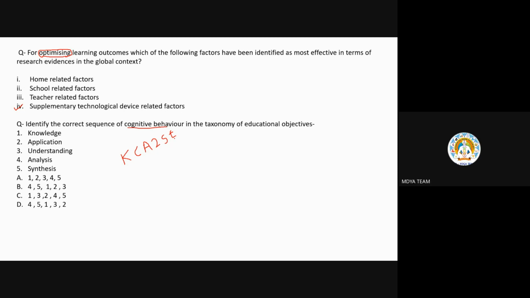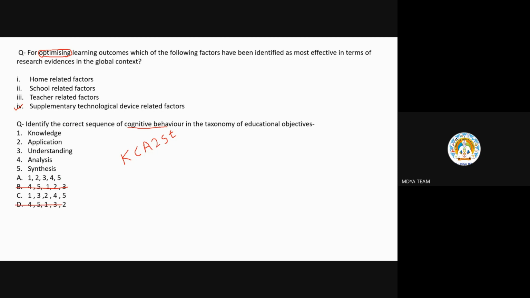E is for what? E is evaluation. Okay, so evaluation is not there. Here, S is synthesis is there. So the last in the sequence would be 5. So option B is eliminated and option D is eliminated.